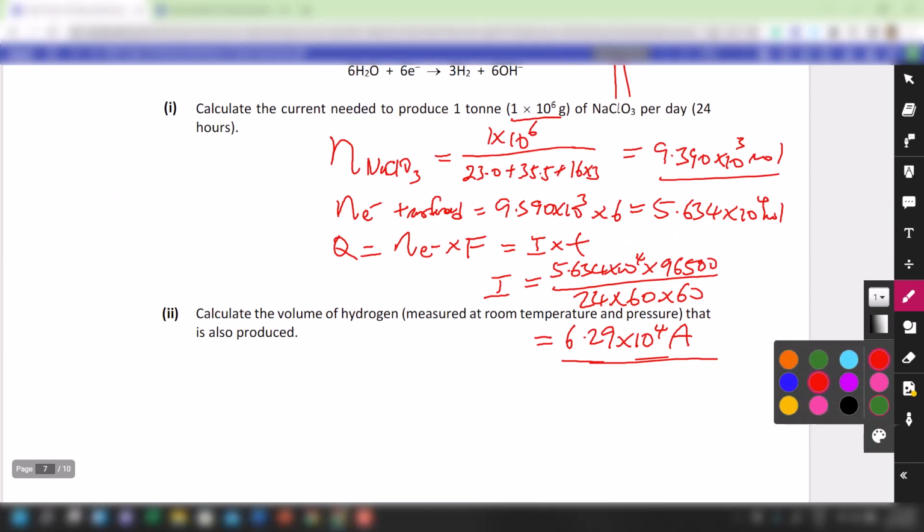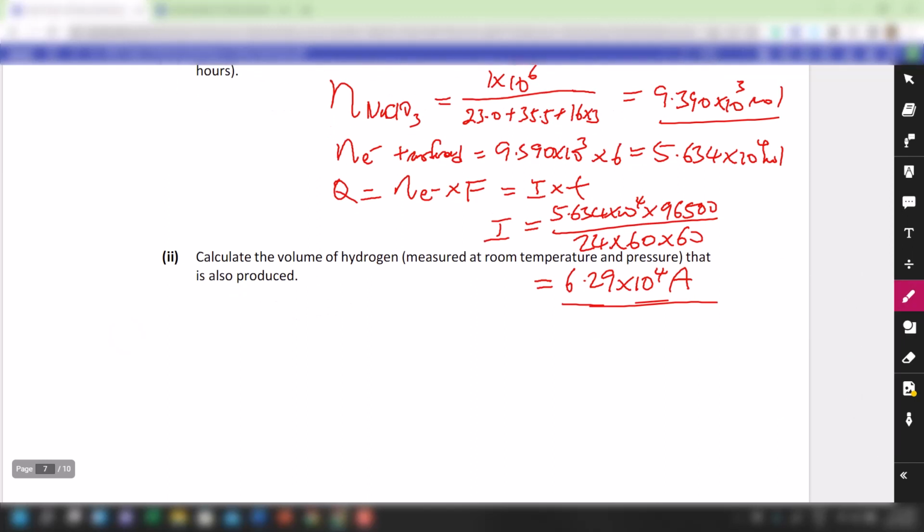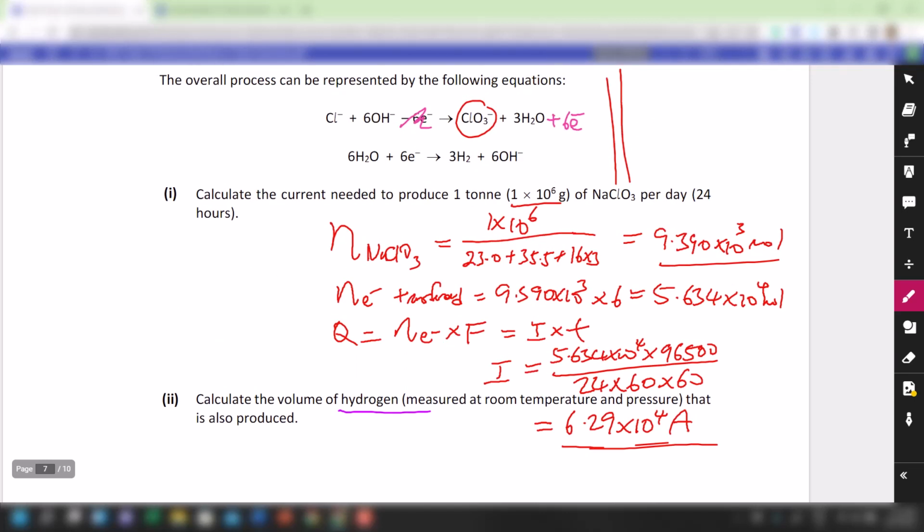If you're doubting your answer, you can double check and see whether you have gone wrong anywhere. Okay, and then for part 2, calculate the volume of hydrogen measured at RTP that is also produced. Over here in the process, 3 equivalents of hydrogen gas are being produced.